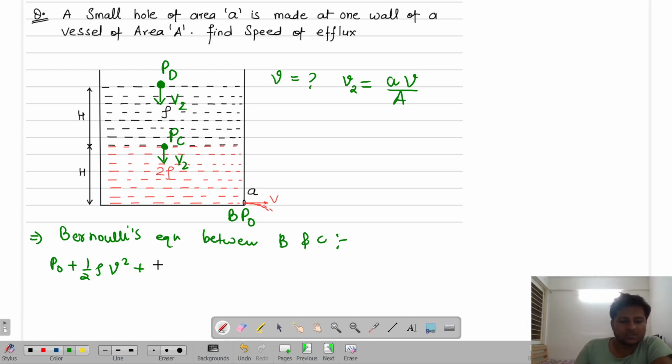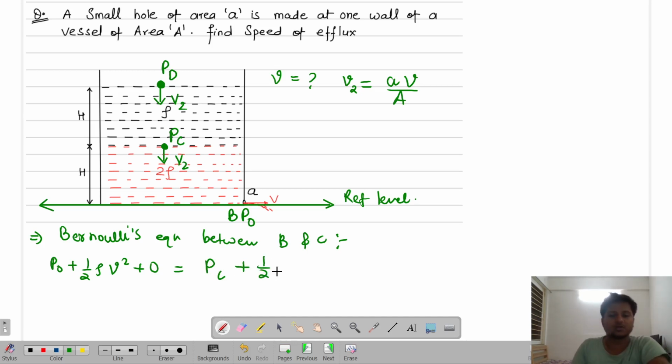So half rho V square plus, if this is my reference level, this is only my reference level, so no need to think apart from that. This is equal to the pressure at C, which we need to find out. How come it is P naught?